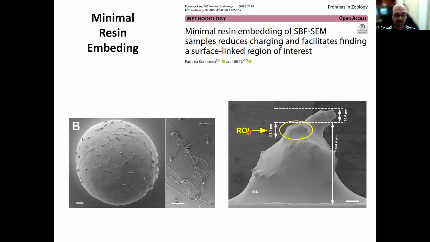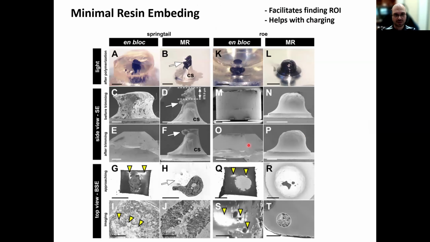before the imaging. But we found that this minimal resin doesn't only help with finding your region of interest, it also helps with the charging. Charging is one of the biggest problems in the serial block face. When your sample is inside of the resin, the empty resin around it functions as an insulation layer.